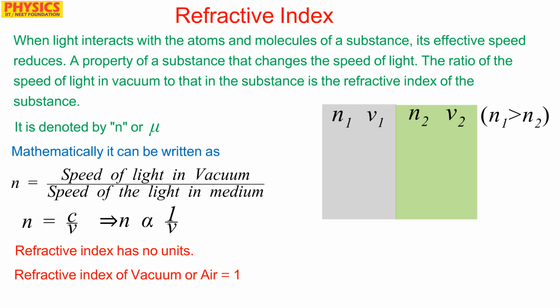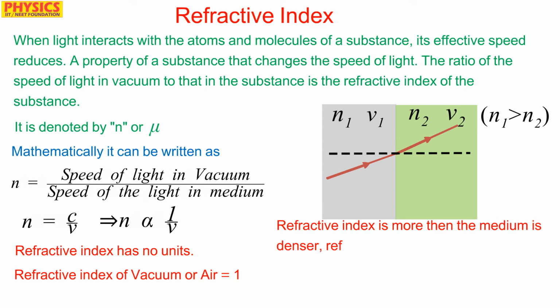It means that the refractive index of the first medium is greater than that of the second medium. That means the first medium is optically denser and the second medium is optically rarer. We know that when light passes from an optically denser medium to an optically rarer medium, it bends away from the normal. Here you can understand: the refractive index is more, then the medium is denser, and the refractive index is less, then the medium is rarer.